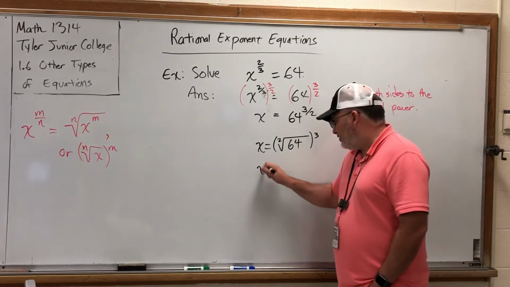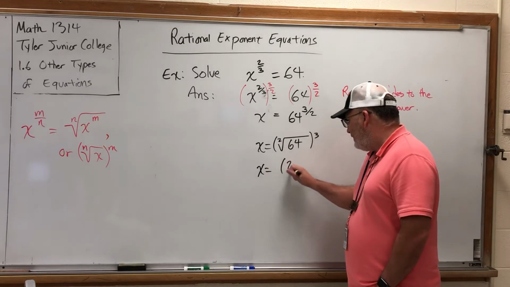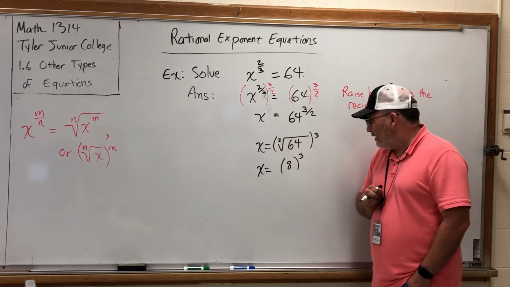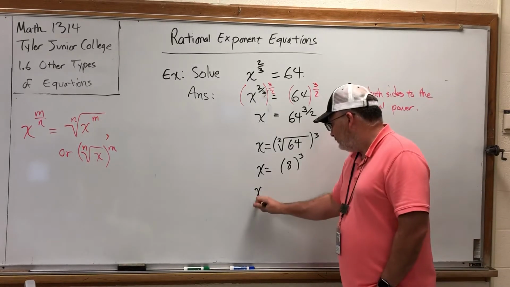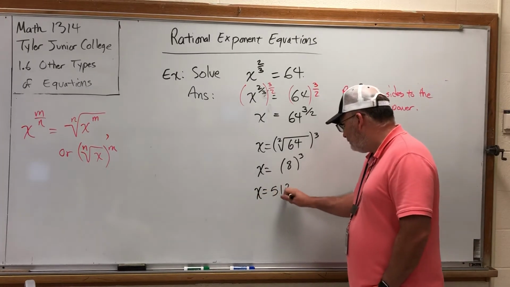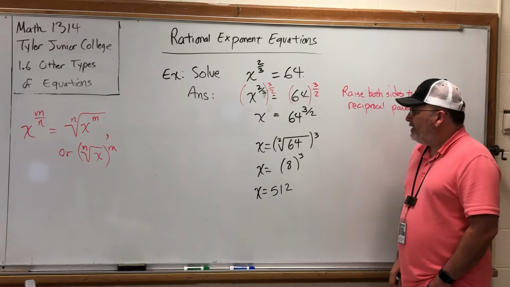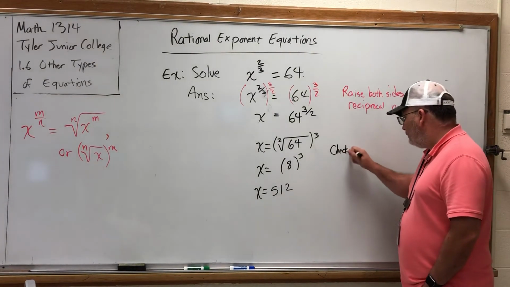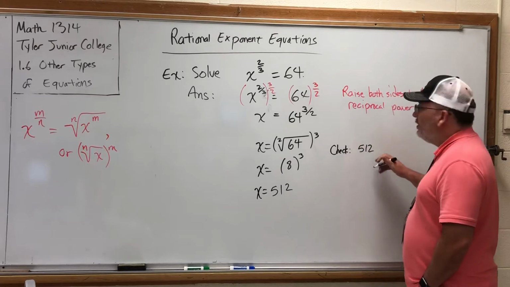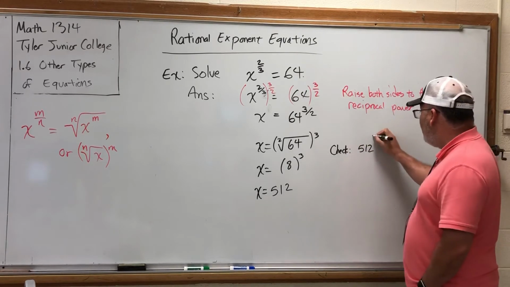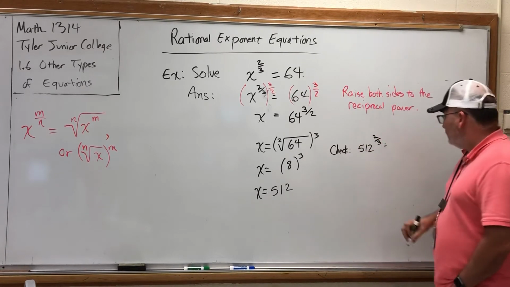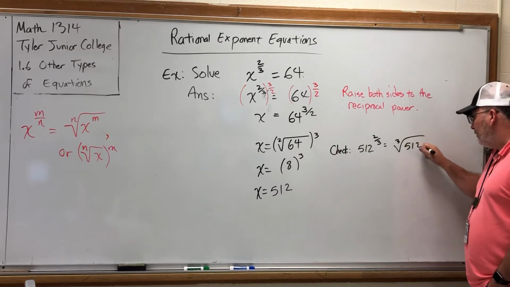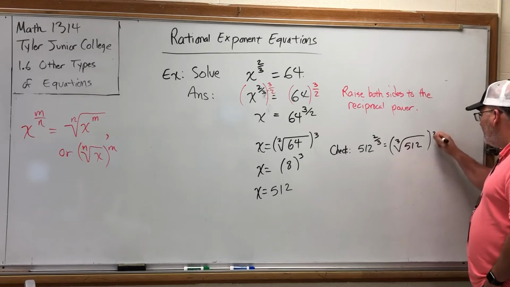So what's the square root of 64? 8. We haven't done a 3rd power yet. And what's 8 to the 3rd power? 512. We can check by raising 512 to the 2/3 power. That would be asking for the cube root of 512 raised to the 2nd power.